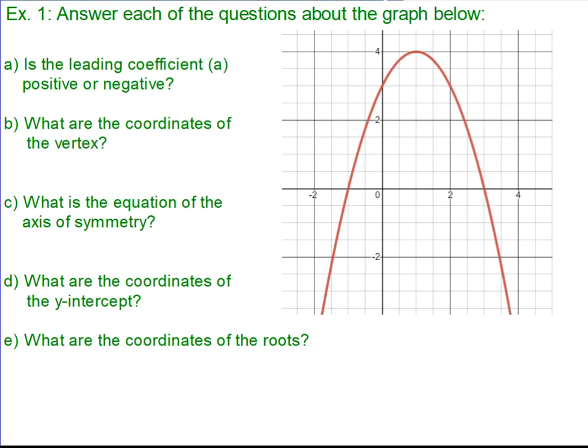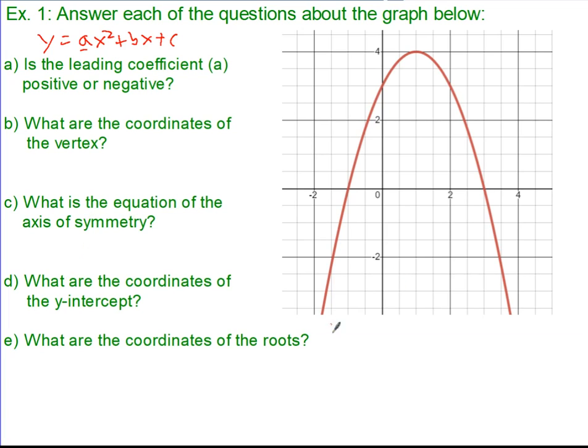So let's look at an example. Let's identify the key features of this quadratic equation. The first question is, is the leading coefficient of this quadratic positive or negative? It says a, because we're talking about standard form, y equals ax squared plus bx plus c. And so we're trying to figure out, is this a term a positive or negative number?